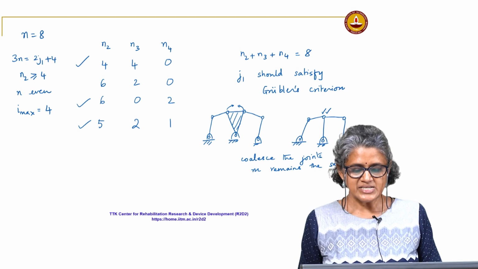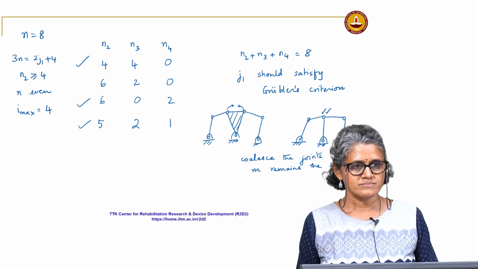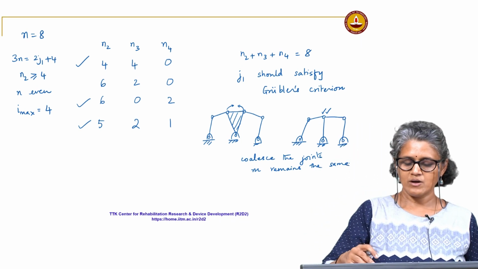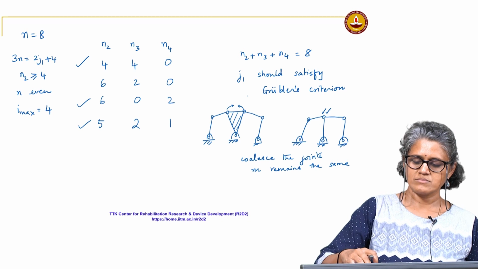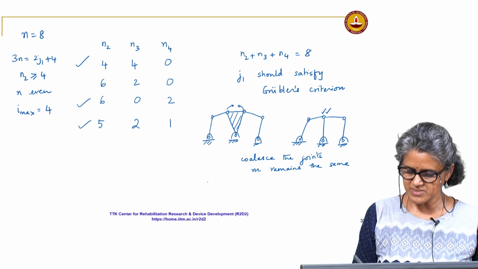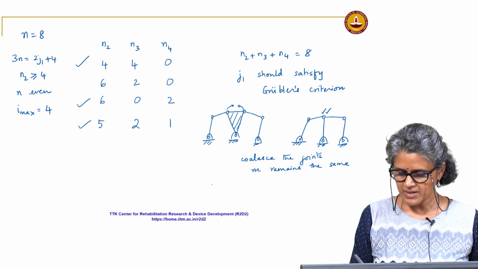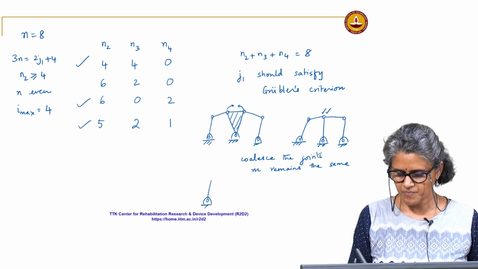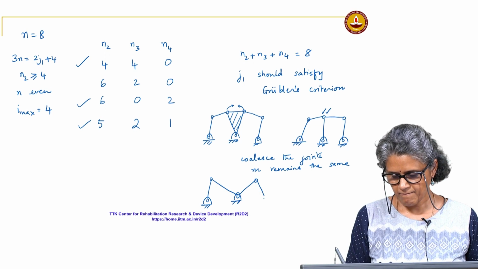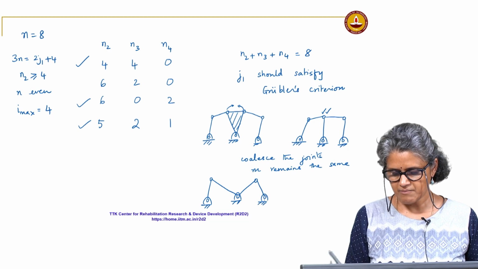If I completely shrink a joint, okay, then I mean if I take this entire link off and directly connect this, then what happens? It is essentially removing the link. So, what happens to my mobility?